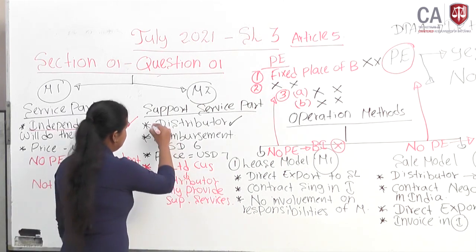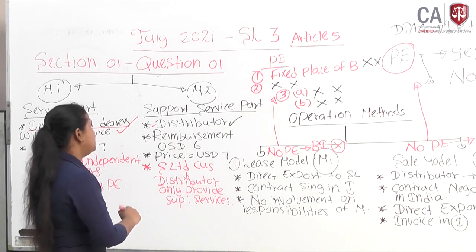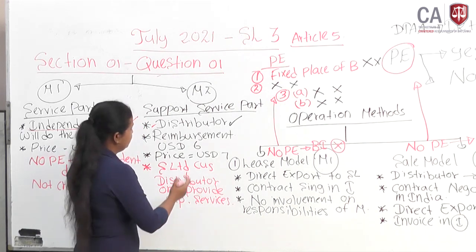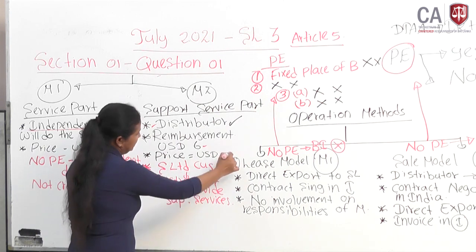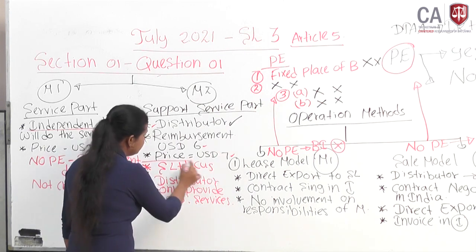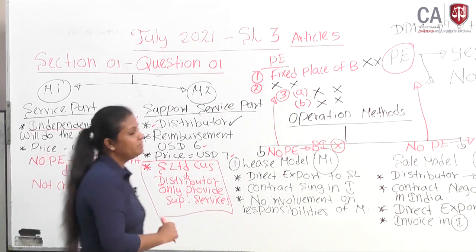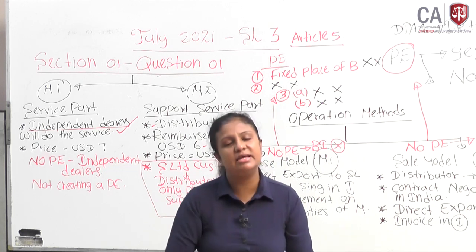Now we will come to the support services part under the sale model. There is a particular distributor. SEIC India is reimbursing whichever expenses are incurred on behalf of SEIC India, the $6. The pricing is $7. This is the very important thing, Lamai. This distributor shall not work other than for SEIC India.